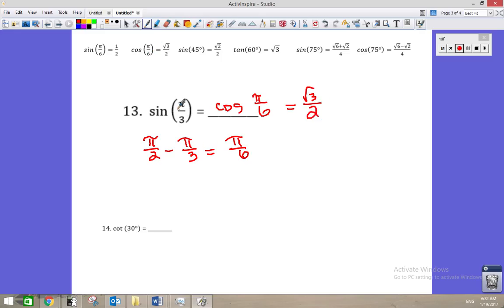I knew that pi over 3 and pi over 6 were complementary because if you get a common denominator of 6, then 3 pi minus 2 pi is 1 pi, and 3 times 2 is 6.